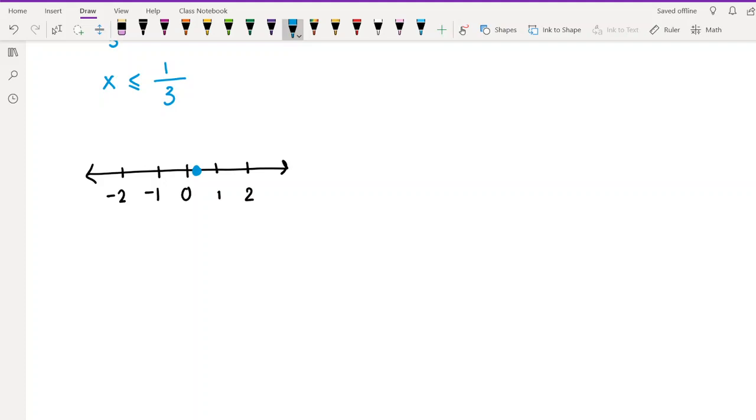It just has to be less than or equal to 1/3. And so I shaded it in, and then I'm shading to the left because we're talking about less than or equal to. And so how would we put this as an interval? Well, it would be the interval from -∞ up until 1/3, and then I put a bracket rather than a parenthesis because we're including 1/3. And so that would be our answer.